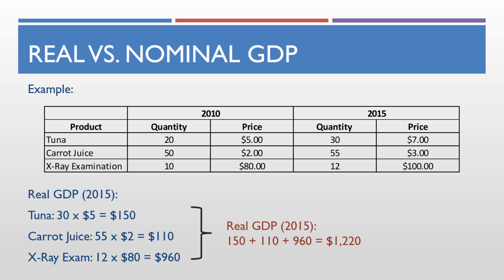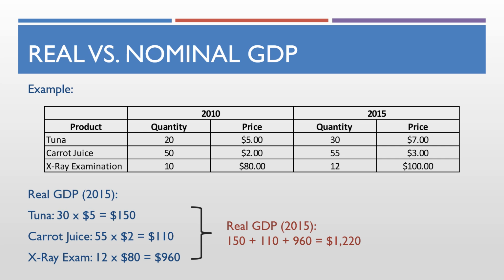As a result, we know in 2015 we are actually doing better, but not by 500-something dollars. It's only better by $220 compared to the level of prices in 2010, where in 2010 we were enjoying only $1,000 worth of goods and services. But in 2015, using the same prices of 2010, we are enjoying $1,220 worth of goods and services.